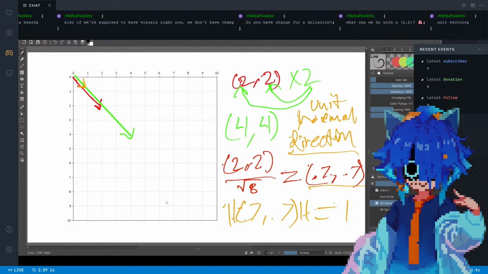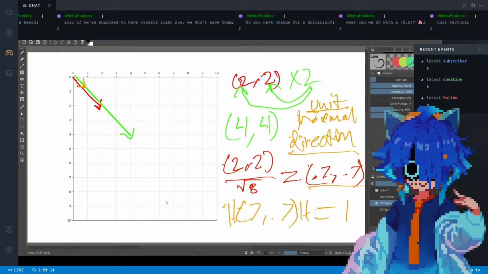Or unit vectors, that's the other one. We'll also see them talked about a little bit later when we talk about normals. And they're also called unit vectors because their length is 1 unit. So we've seen how we can scale a vector, and how we can modify the length of the vector.